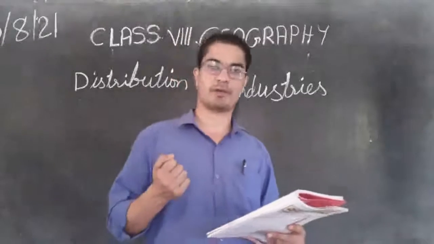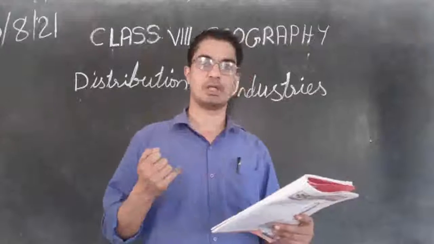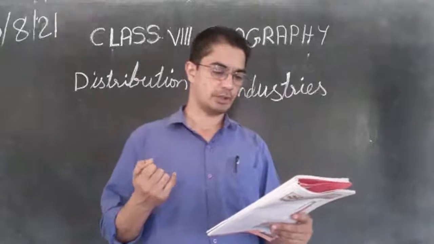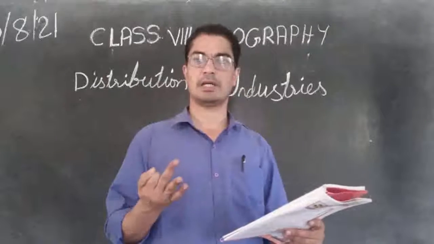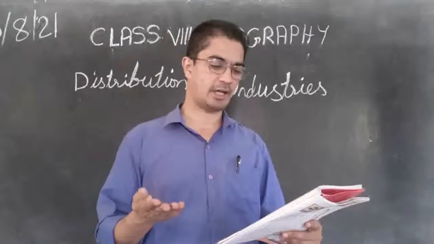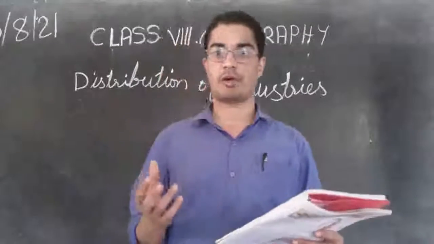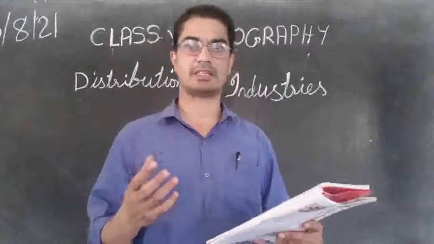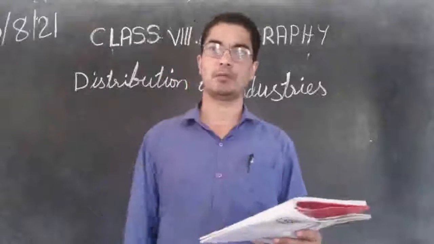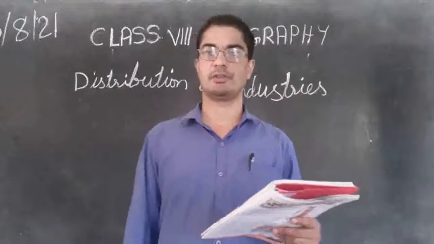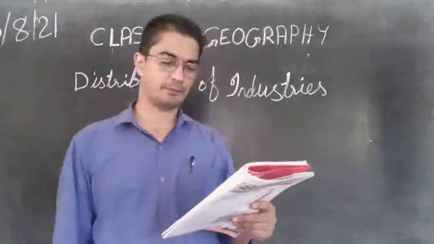These are the 5 countries. Which are they? Germany, USA, China, Japan and Russia. These are the 5 countries where these iron and steel industries are in plenty. So many industrial factories are established there.